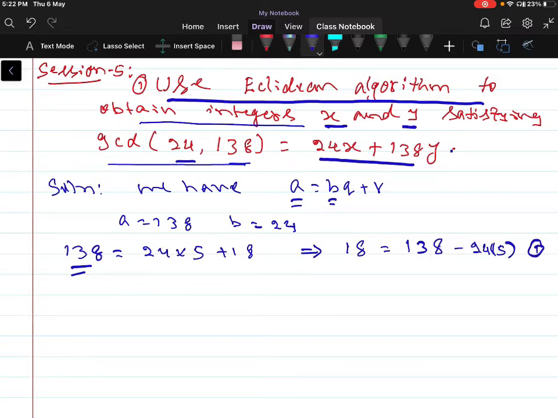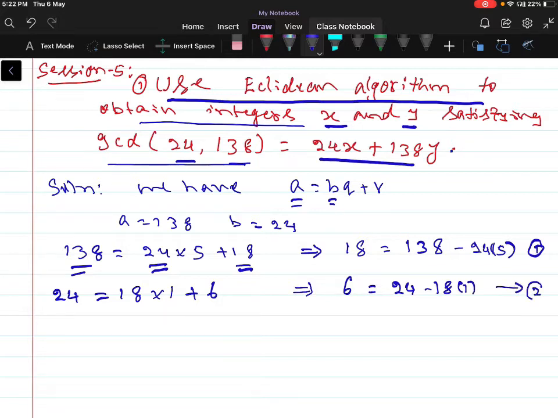Take it as equation 1. Now let us apply the division algorithm for the integers 24 and 18. So now 24 can be written as 18 into 1 plus 6. So this implies 6 can be written as 24 minus 18 into 1. Let us take it as equation number 2.